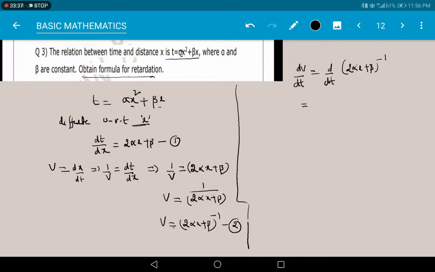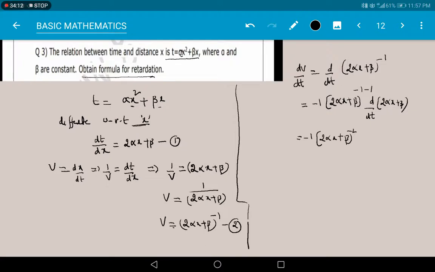First we have to write this function, so n into (2 alpha x plus beta) to the power of n minus 1, and then we have to differentiate 2 alpha x plus beta. So minus 1 (2 alpha x plus beta) power minus 2.